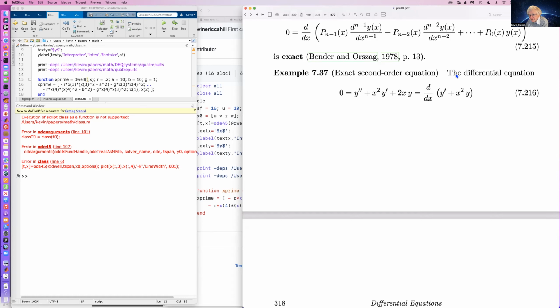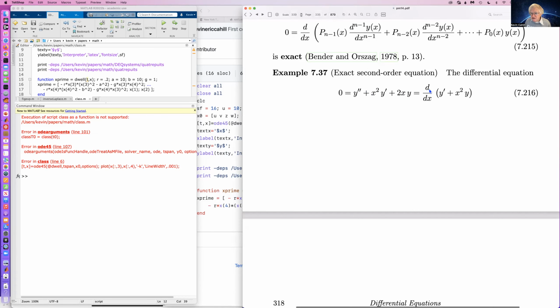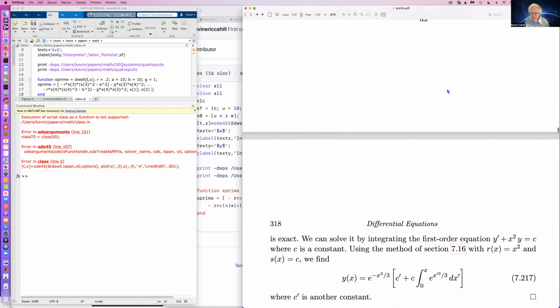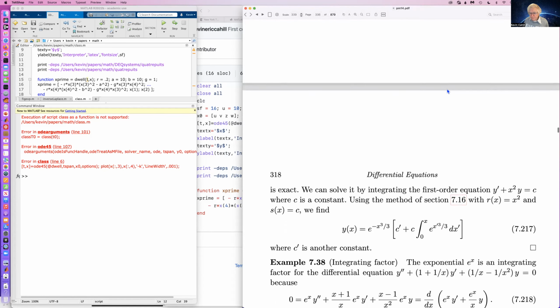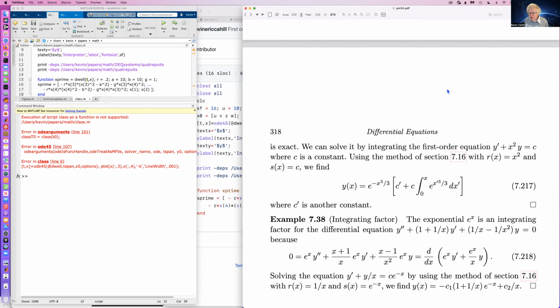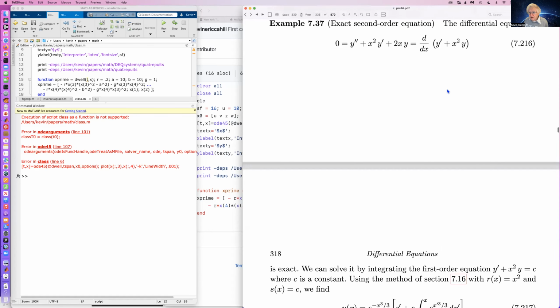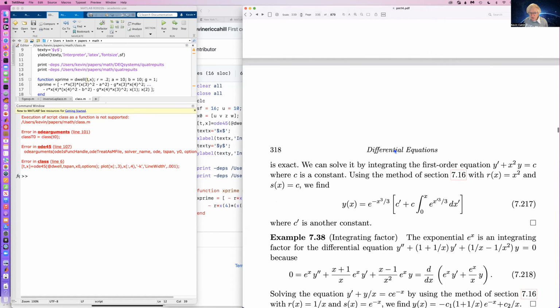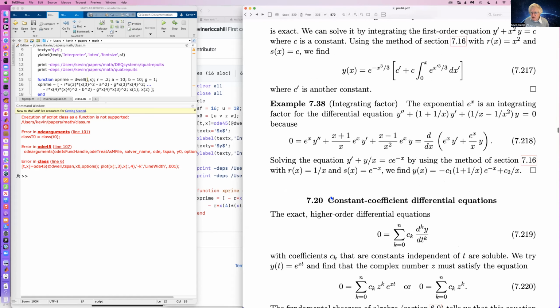So in this form, it's obviously exact, but in this form, it might not be obvious to you. Certainly isn't obvious, but now that you think about it, you see that this is the same as that, and so it is exact. And so you can solve it by integrating first this first order equation where c is a constant, using the method that we have that always works for first order equations, and then we get this expression.